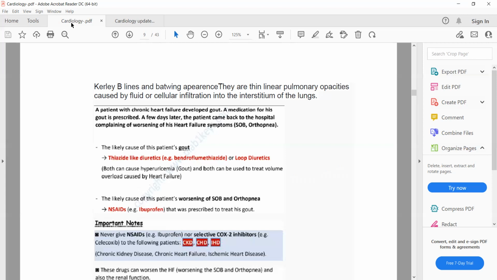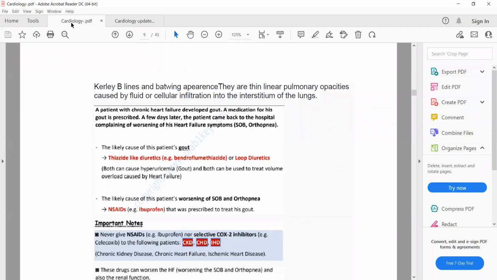If a patient having chronic heart failure developed gout and you prescribed him NSAIDs, and a few days later he presents with worsening of his SOB, then the cause is most likely NSAIDs. In other words, NSAIDs are contraindicated in chronic heart failure.